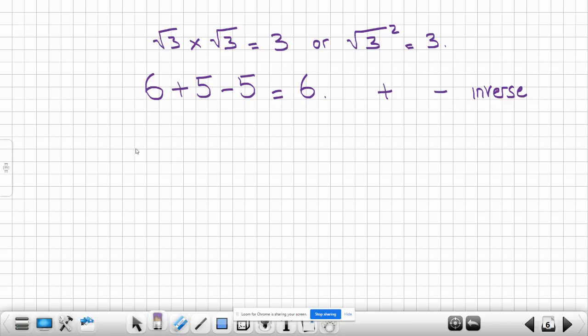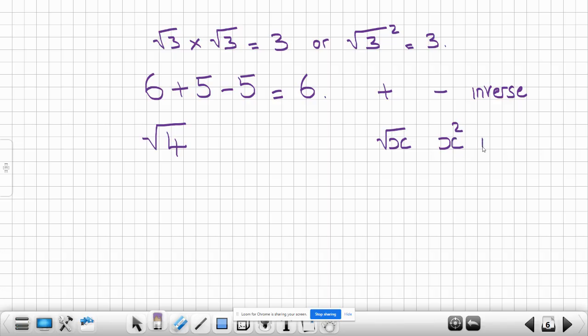Okay, so let's move that on a bit and let's look at roots, but we're going to take a number that's easier to work with. So we're going to look at the square root of 4. Now, what is the inverse of a square root? Well, it is a square. If we square root any value, then that is the opposite to squaring it.